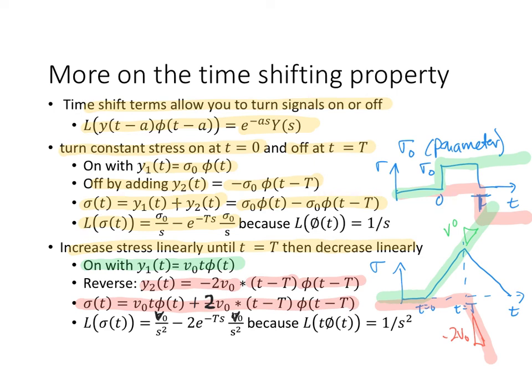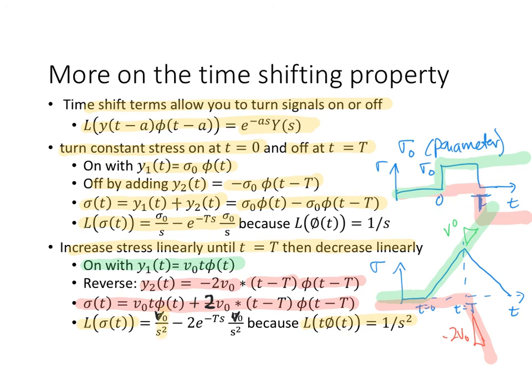Finally, to take the Laplace transform of this hysteresis function, we will remember that the Laplace transform of a linear function is 1 over s squared. So the first term converts the linear increase in velocity v naught to v naught over s squared.